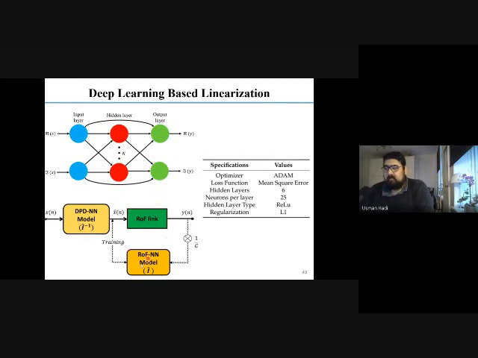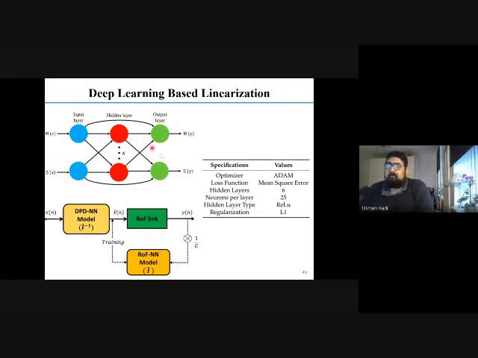We model it with the neural network, and then we train with the labels X of n and Y of n as the output. Once we converge the system, we use the DPD neural network model, which is the inverse of this one, and we cascade the ROF link over here. Then X of n is the new coefficients input, and Y of n is the new expected output.